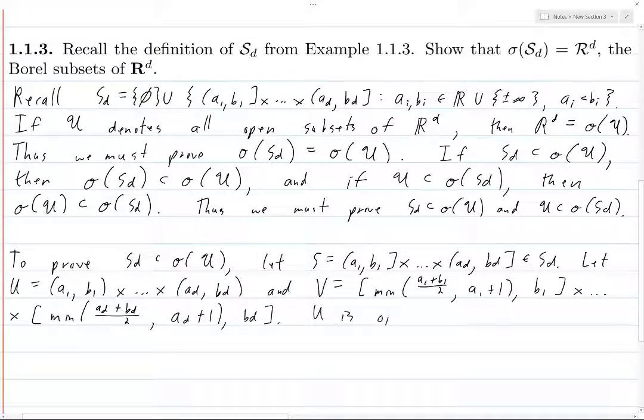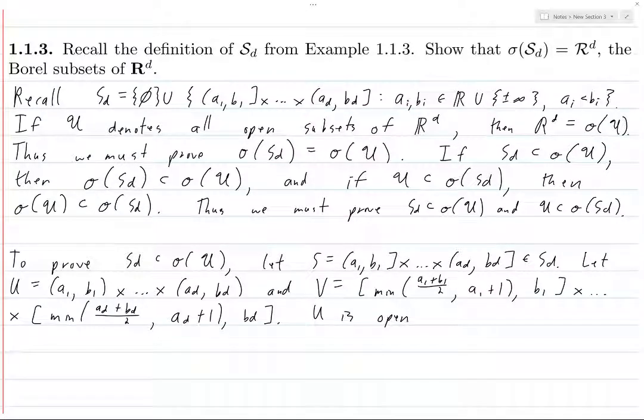Okay, U is open because it's just a product of open sets. Well, that's even a thing that you have to prove, that if you have a product space and you have open sets in each of them, you can take the product of open sets and get an open set.